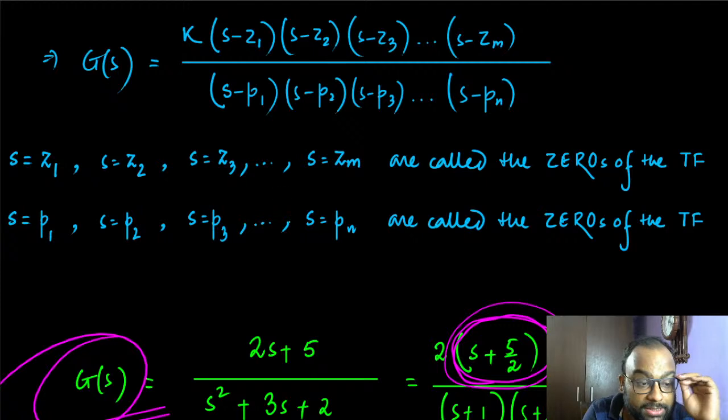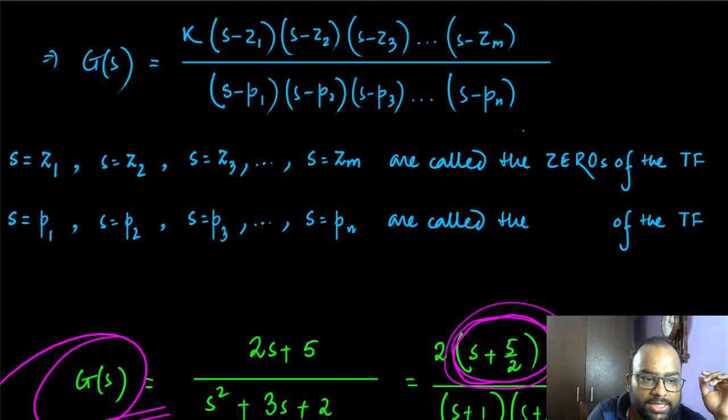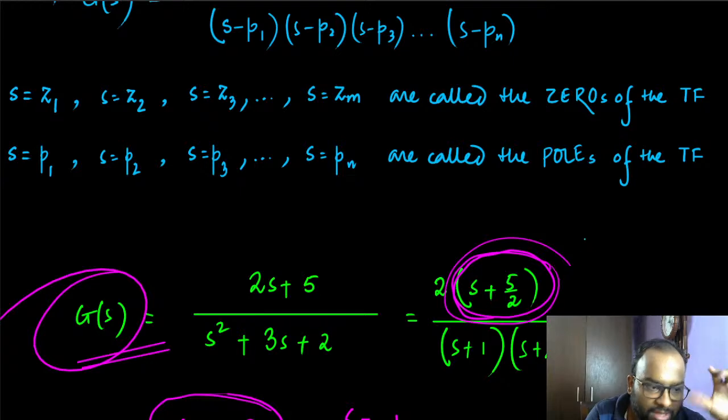If I put s equal to p1, p2, p3, up to pn, the transfer function becomes infinity. So these are called the poles of the transfer function.